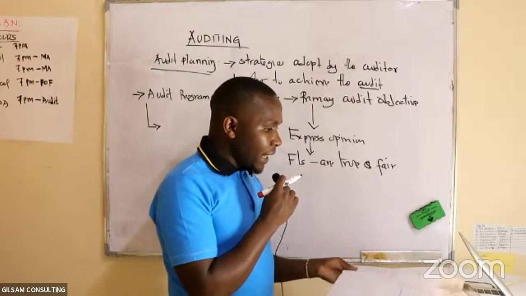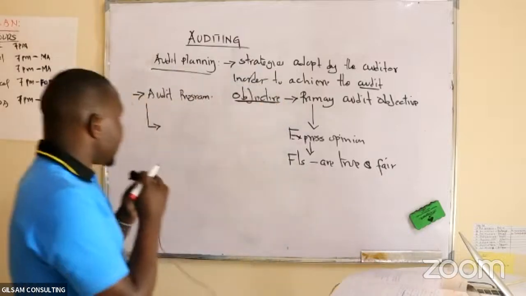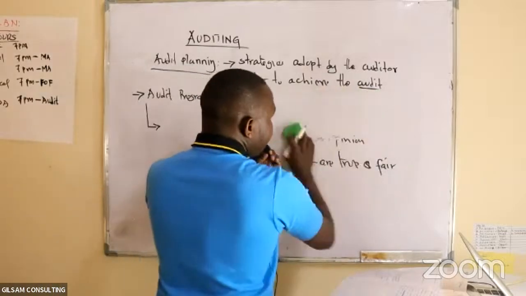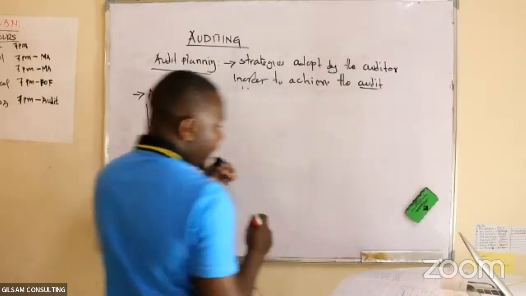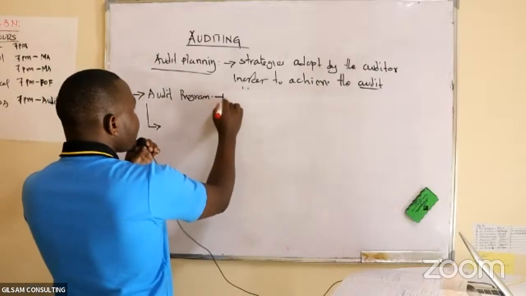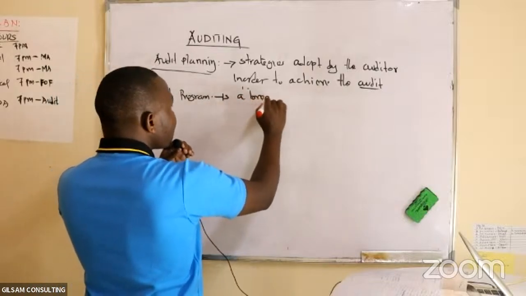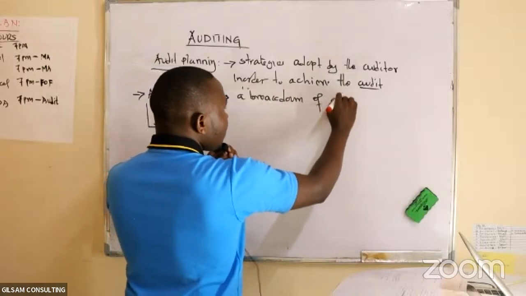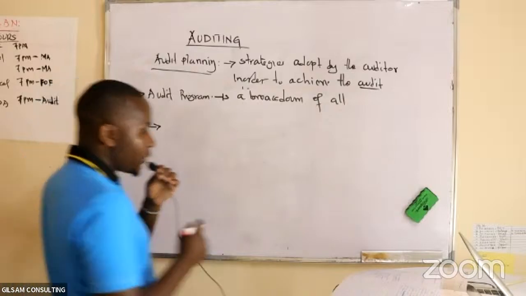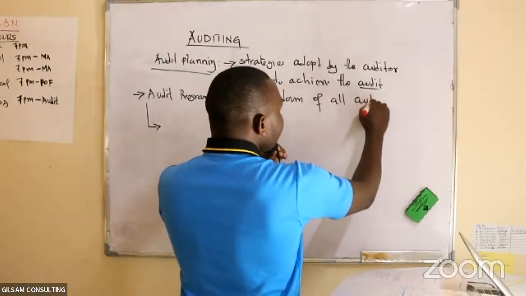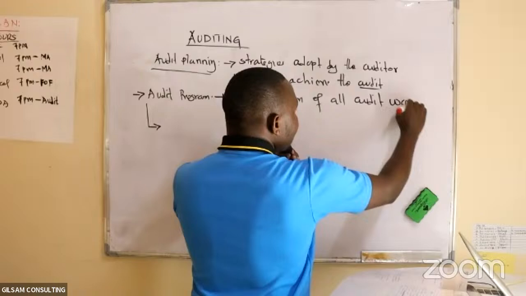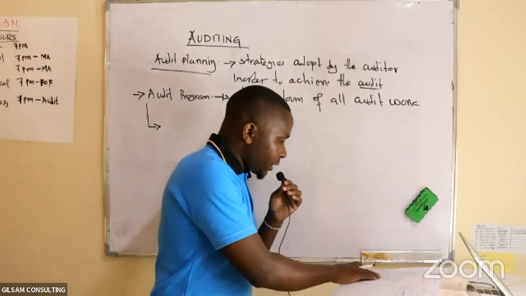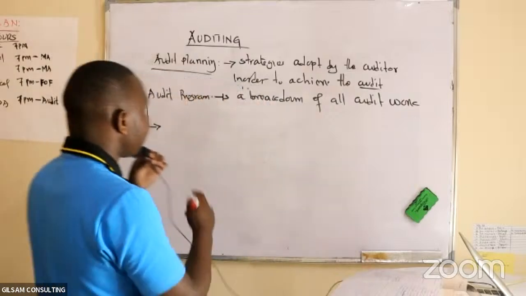So when we define an audit program, you can define it and say it is a breakdown of all the audit work that could be carried out.